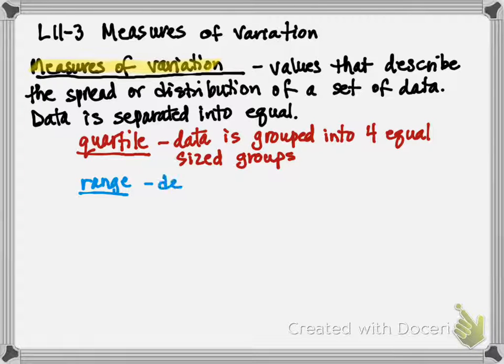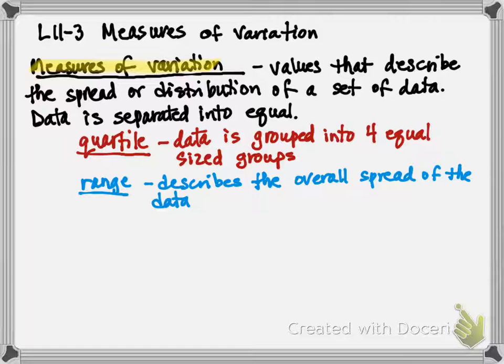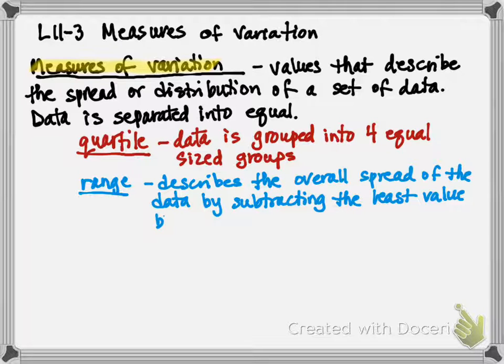So range describes the overall spread of the data by subtracting the least value, which is sometimes referred to as a minimum, from the greatest value, which is sometimes referred to as a maximum.